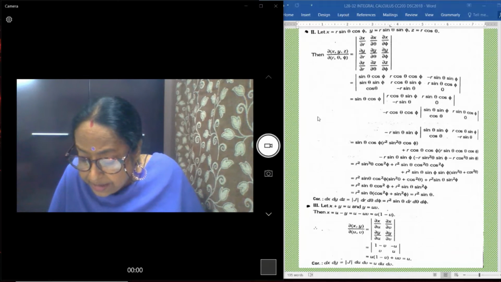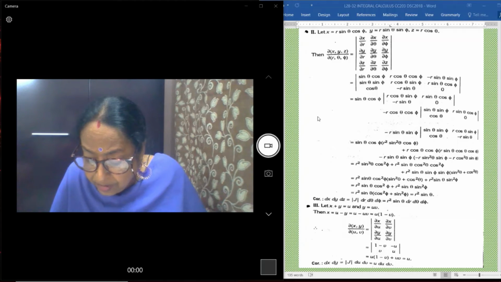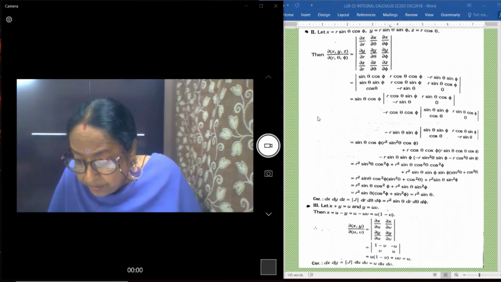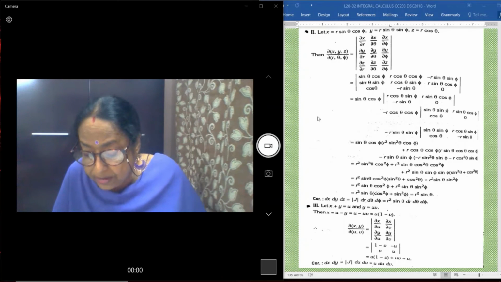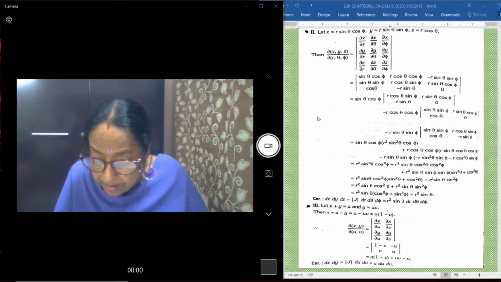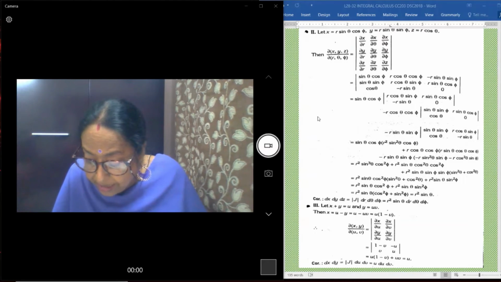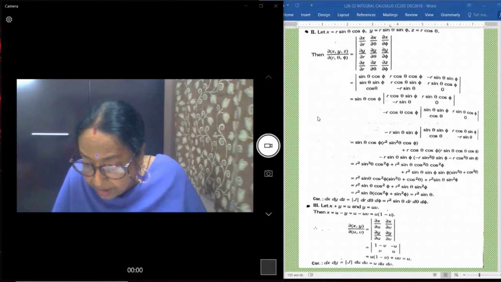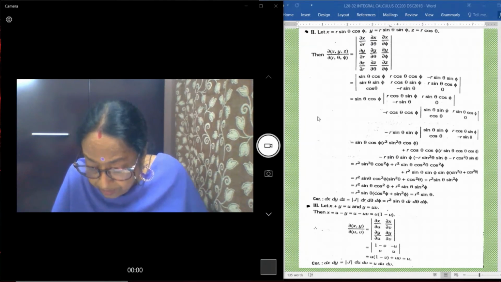Let x plus y is equal to u and y is equal to uv. So x is equal to u minus y, that is u minus uv, that is u into (1 minus v). Hence the Jacobian can be calculated as del (x, y) divided by del (u, v), and after calculation it becomes u.